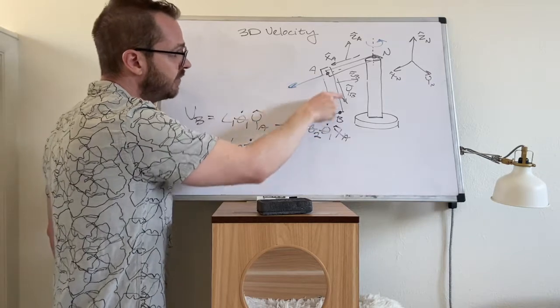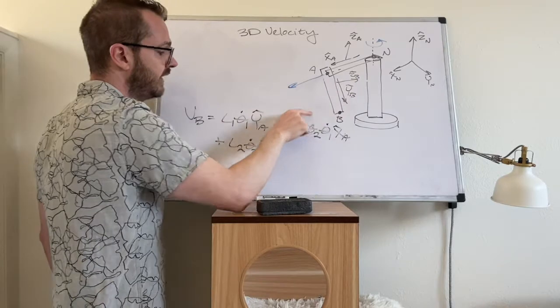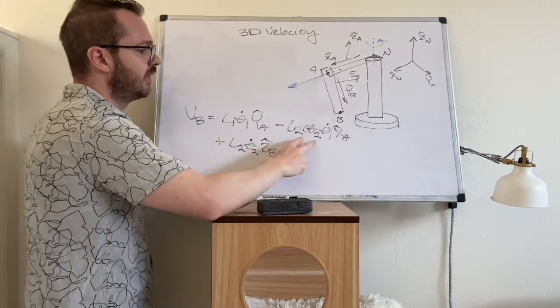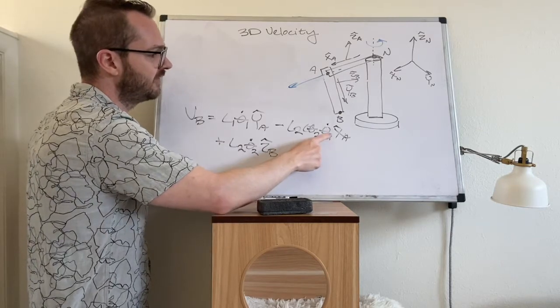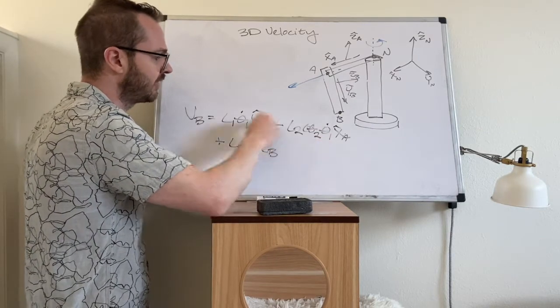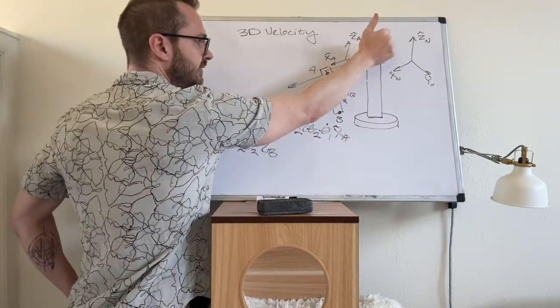Well, tangent to the path is Z, so that's this term. Now, what is happening here? This term is interesting. Notice that it's theta 1 dot, so there is some other component that is a function of theta 1 dot, a function of this original spin.